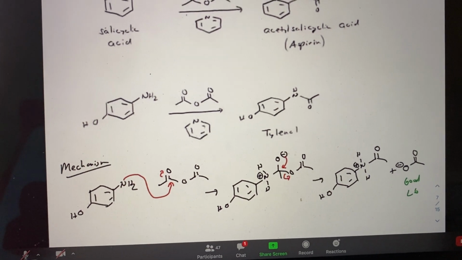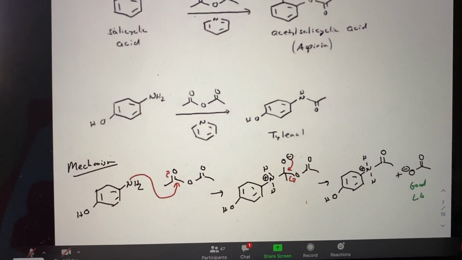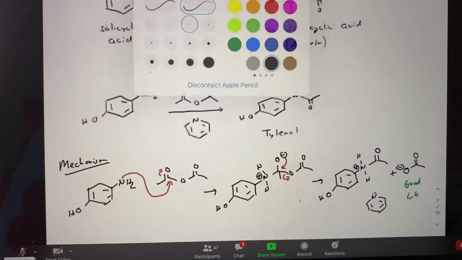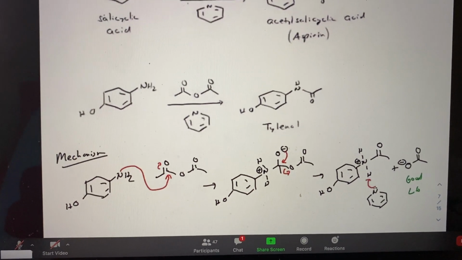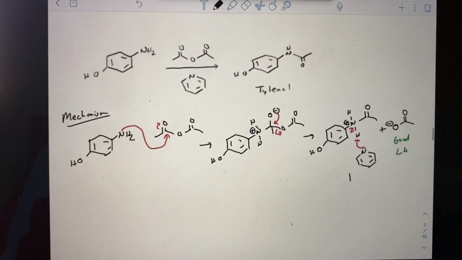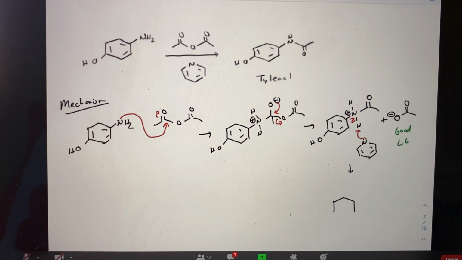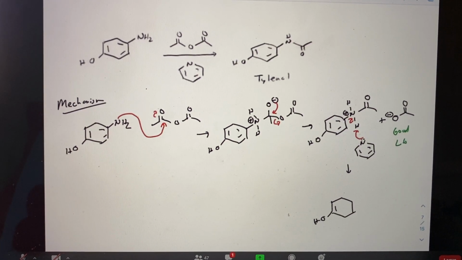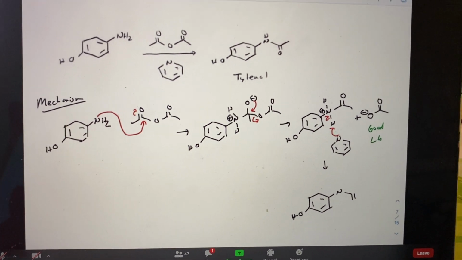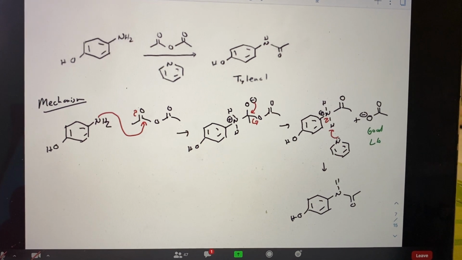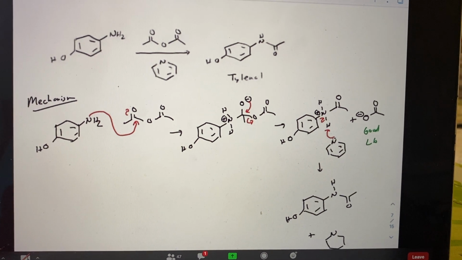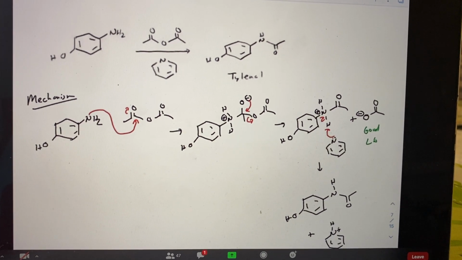And then we have pyridine, so let's use that in the last step here to deprotonate. So this is going to act as a base. And I'll just flip this around so it's in the regular zigzag. Now we have pyridinium acetate.